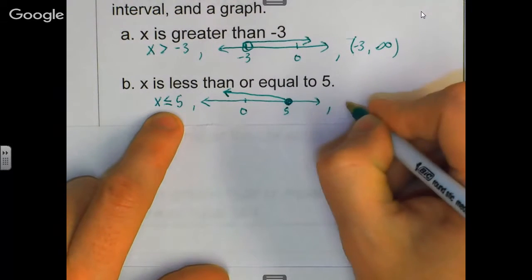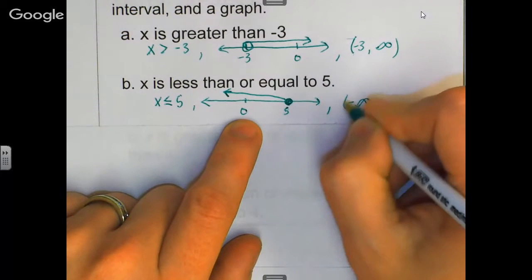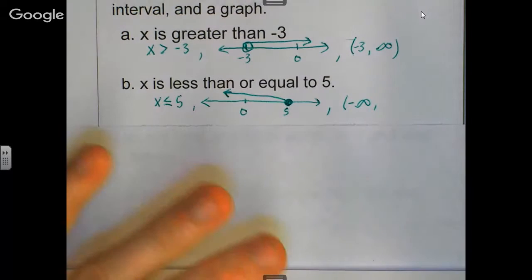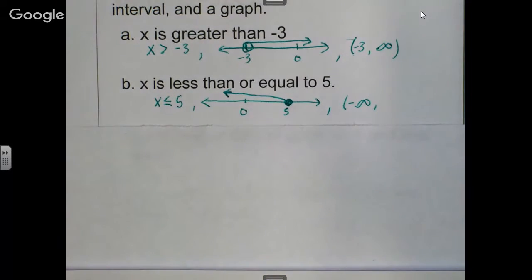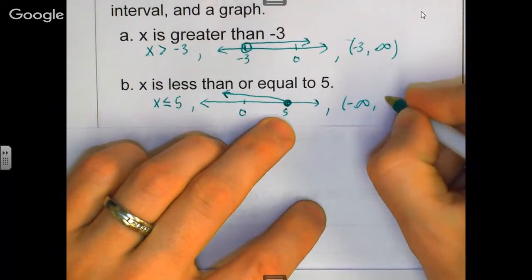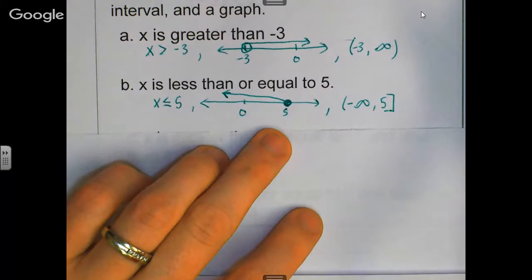The interval: well, the smallest number I'm going to choose is negative infinity, and infinity always has a parenthesis because I can't actually choose it. Infinity is a location that is constantly moving. And then the biggest number I can choose is 5, and I can choose that one, so I put a bracket with that.